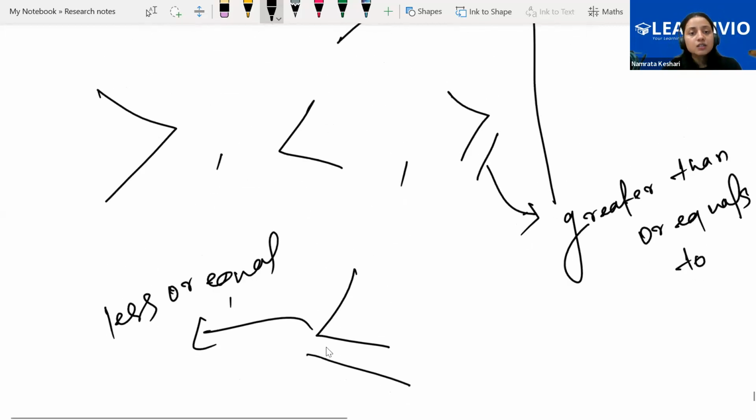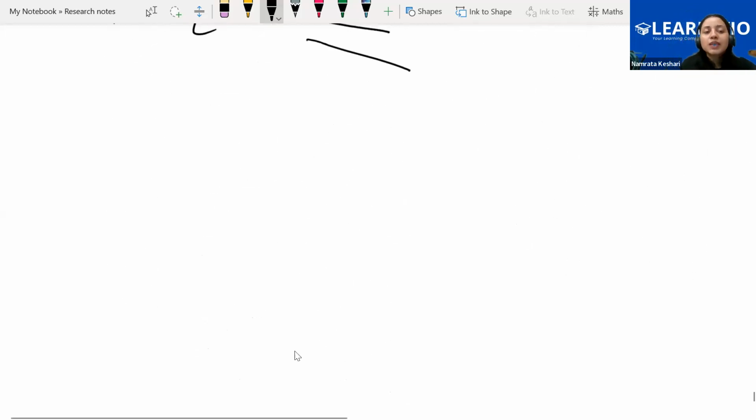Now you need to know the basics of solving an inequality. Let me take one inequality so that we can quickly do this and get back to our question.